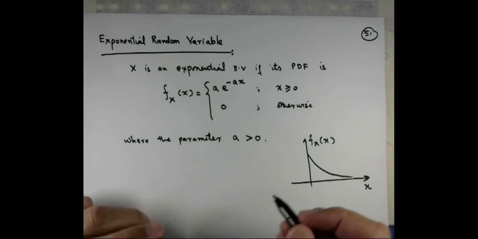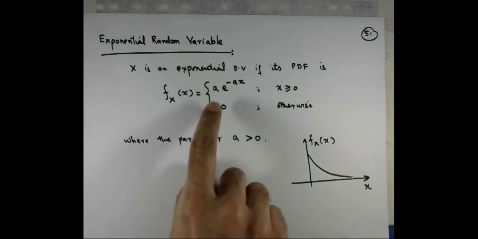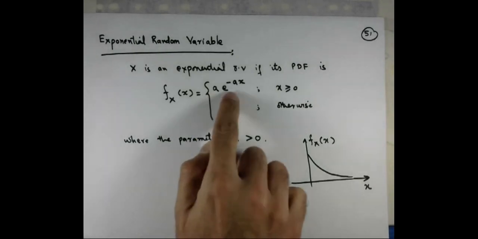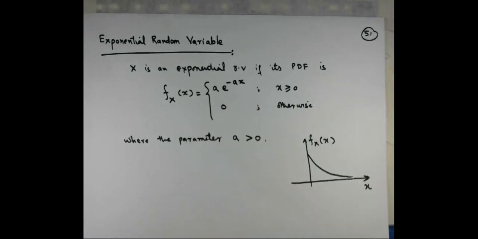So the parameter a basically determines how quickly the PDF decays. What you will take as a small homework is to take, for example, 3 or 4 different values of a and plot them on the same graph, and see how a determines the drop of the plot.